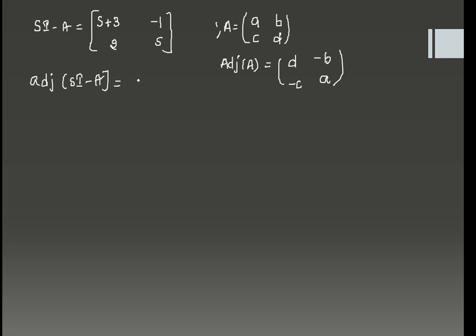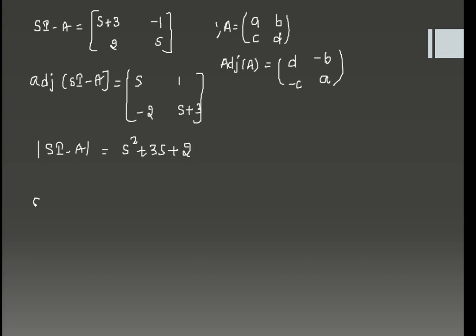So the adjoint of SI minus A becomes [S, plus 1; minus 2, S plus 3]. And we already found the determinant of SI minus A in the previous slide: S square plus 3S plus 2.